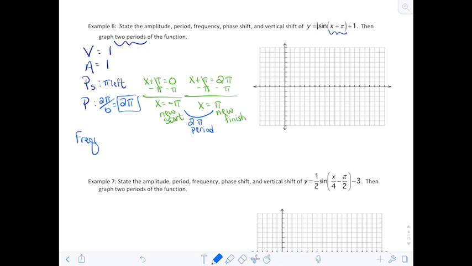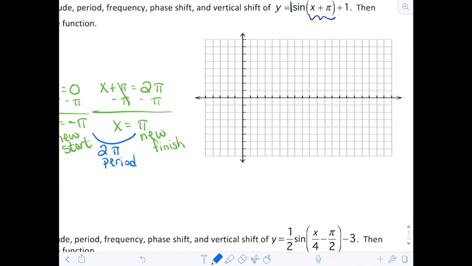And then the frequency, which they asked for, is the reciprocal of 2 pi over 1, so it would be 1 over 2 pi. So we have our vertical shift of 1, phase shift of pi units left, frequency is 1 over 2 pi, the period is 2 pi, and the amplitude is 1. Okay, great. Let's draw this. Take it one step at a time.